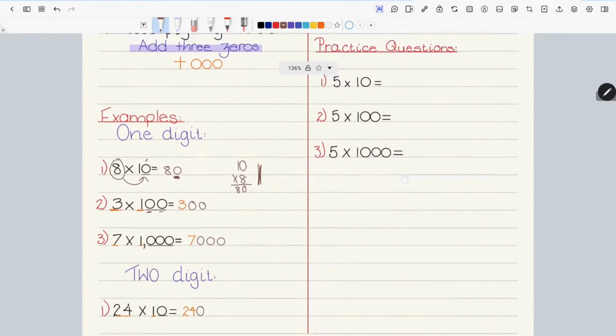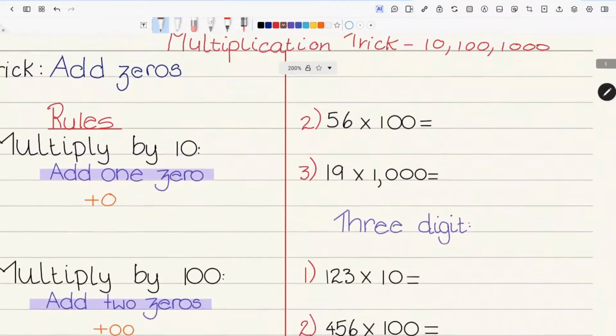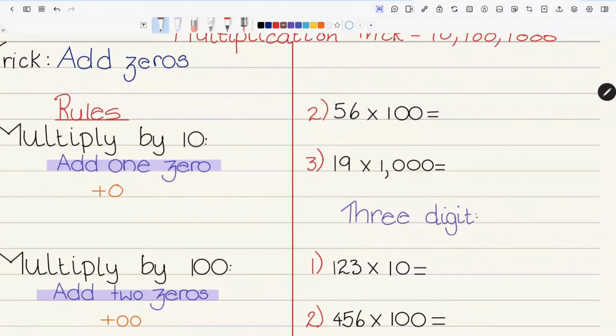Moving on to the next question, you have 56 times 1, and you have your 2 zeros. How many zeros would you add to 56? Remember, it's the amount of zeros you're multiplying the number by.